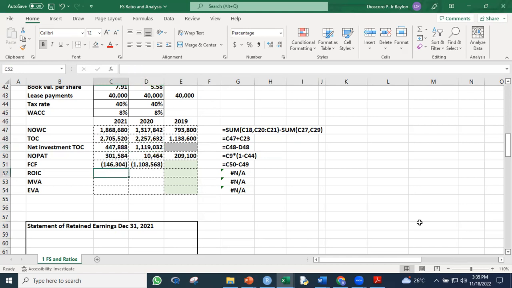All right, so ROIC. Okay, how do we compute for the ROIC? It will be equal to, let's just compute this now, your NOPAT, okay? NOPAT divided by what, class? Divided by what?